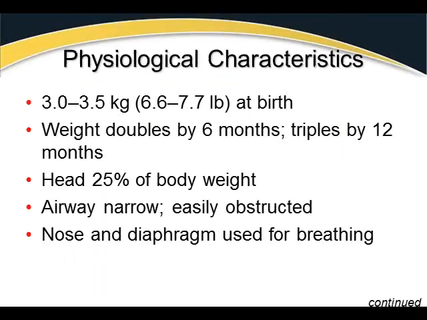So as we look at the physiological characteristics of an infant, they're roughly 3 to 3.5 kilograms, which is 6.6 to 7.7 pounds. They're 2.2 pounds per kilogram. So if you don't know how to do this, if you take their weight in pounds, which is what we're used to in America, we'll say, for example, a 220-pound adult, and we divide that by 2.2, it gives us 100 kilograms.